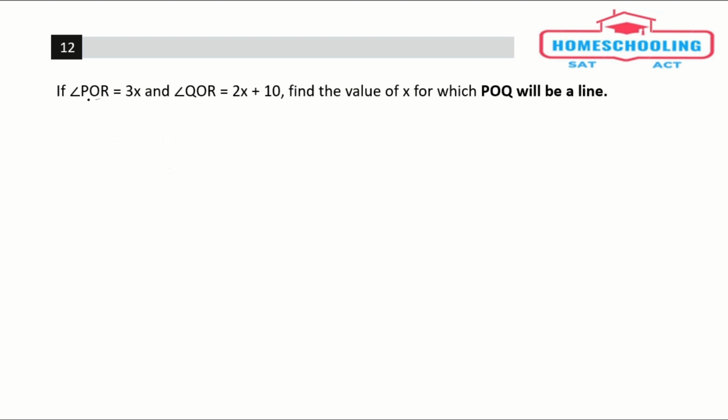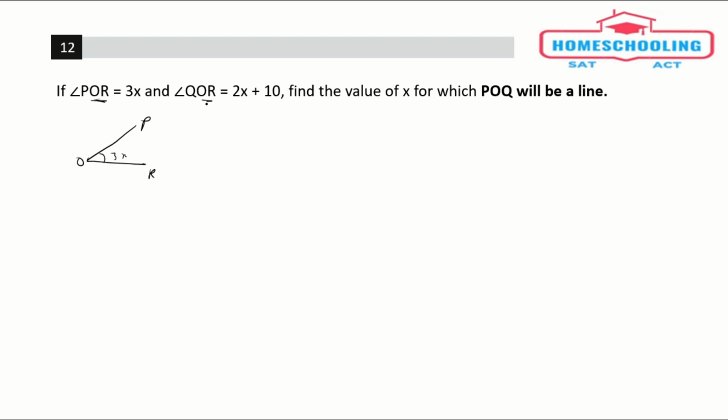If angle POR, so let's take an angle like this, angle POR, this is P, this is your O, and this is your R. POR is 3x. And angle QOR, if we look at these two angles, OR is common.